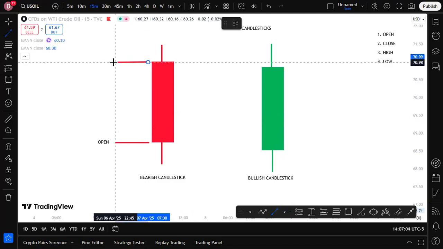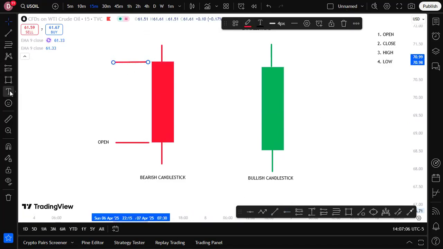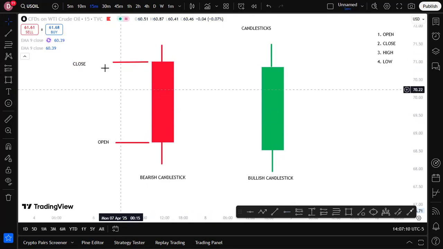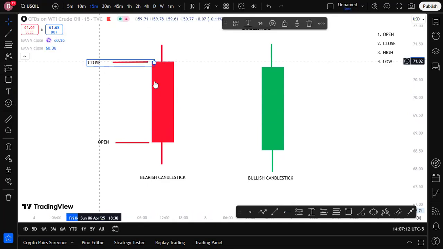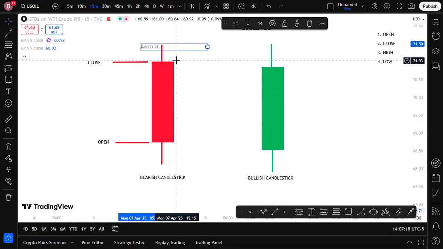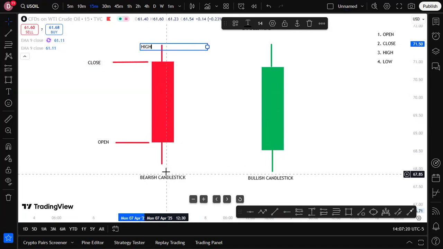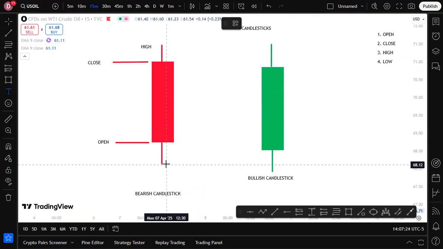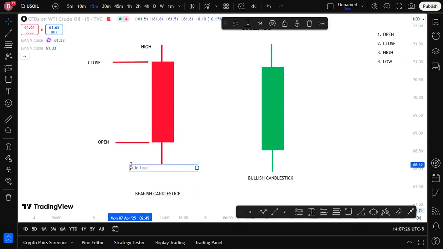Here, this is our close price. We have here, which is our high, and then we have here, which is our low.